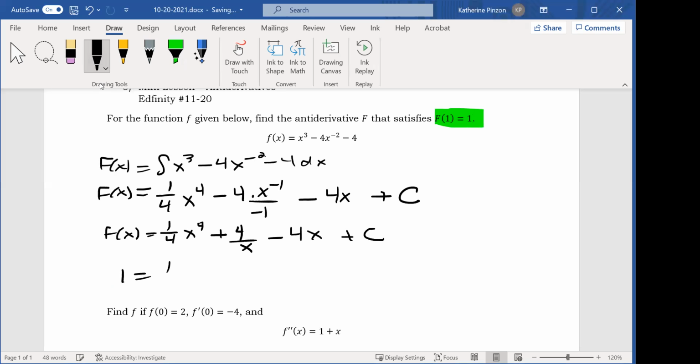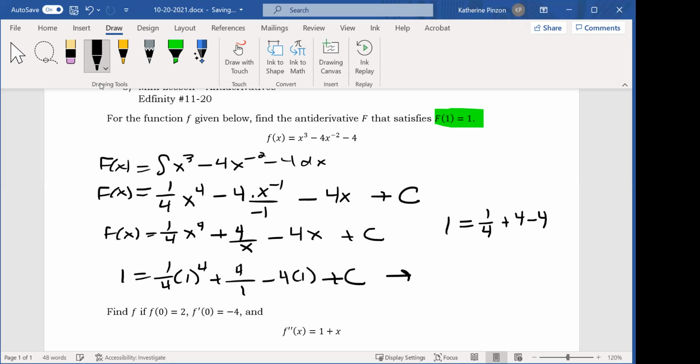So 1 equals 1/4 times 1 to the 4th plus 4 over 1 minus 4 times 1 plus c. Okay, 1 equals 1/4 times 1 to the 4th is 1/4 plus 4 minus 4 plus c. 1 equals 1/4 plus c. 4 minus 4 goes away.